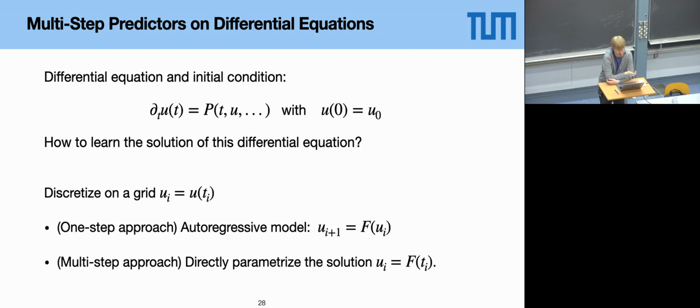So again, autoregression needs n calls for n-step prediction, and this multi-step approach is just one network call. You might also recognize the similarity to physics-informed neural networks, which basically do the same thing as this multi-step ansatz here.